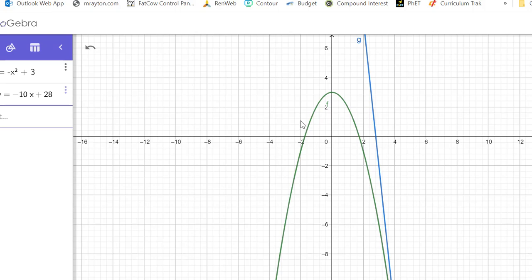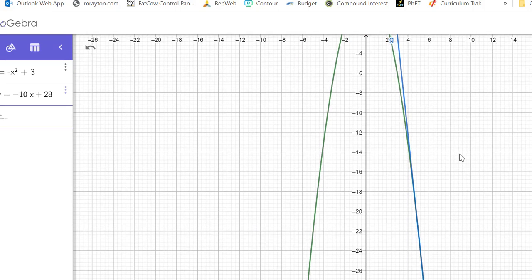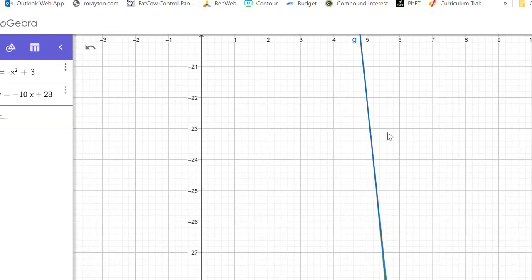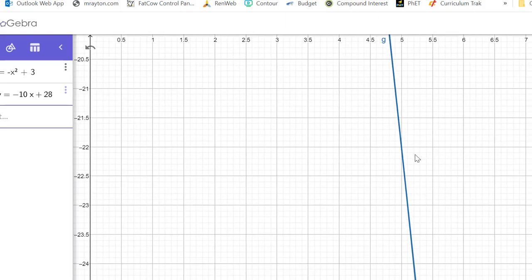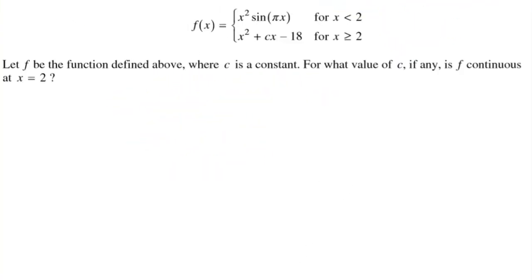Remember, we were looking at what happens when x equals 5. Right down at 5, negative 22, my functions overlay each other and intersect at (5, negative 22). So from the left side and right side, these functions are continuous.